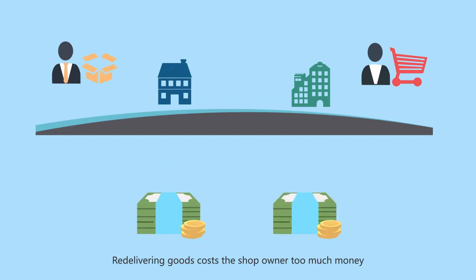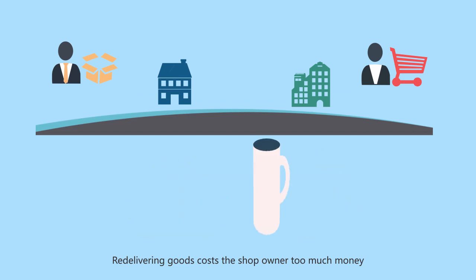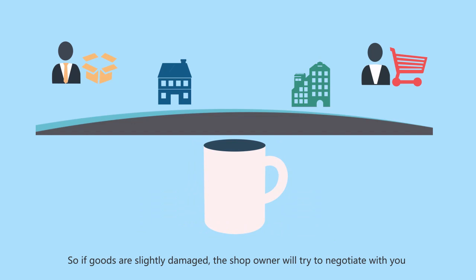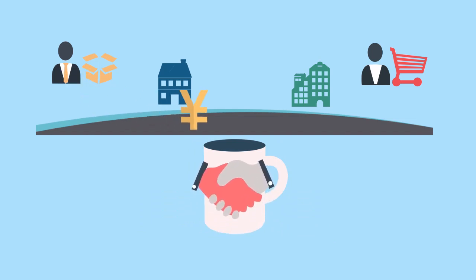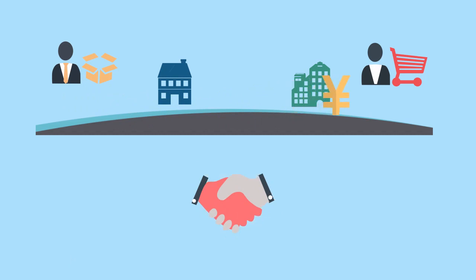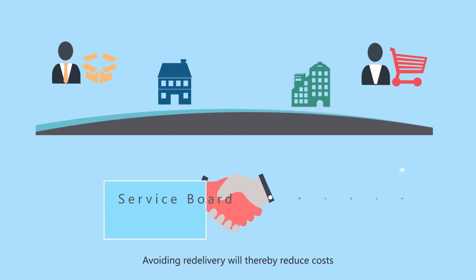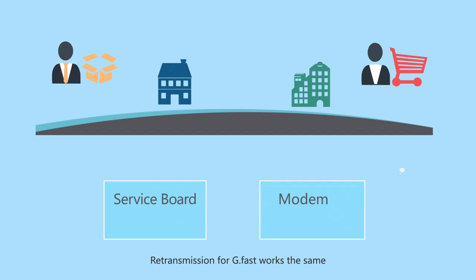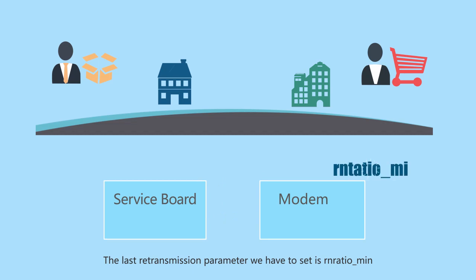Redelivering goods costs the shop owner too much money. So if goods are slightly damaged, the shop owner will try to negotiate with you by refunding some of your money. Avoiding redelivery will thereby reduce costs. Retransmission for G.fast works the same. The last retransmission parameter we have to set is ratio minimum.